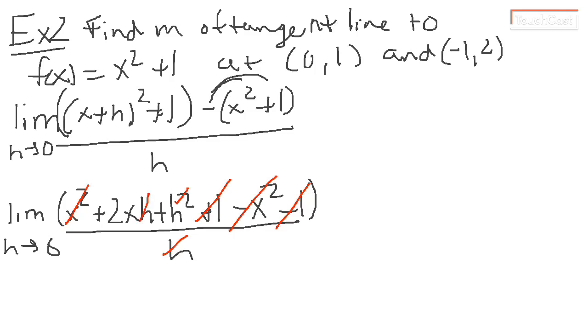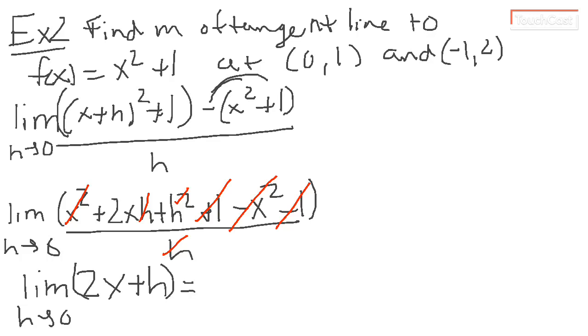So what we're really looking at is the limit of 2x plus h as h goes to 0, and with direct substitution we're going to end up with 2x plus 0, which means we're going to just have 2x. So the slope of our tangent line, or the equation for that slope, is 2 times x.